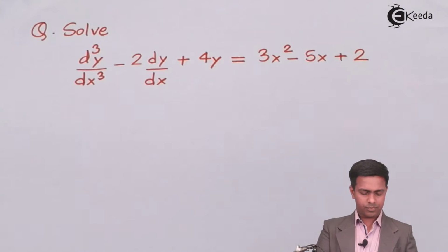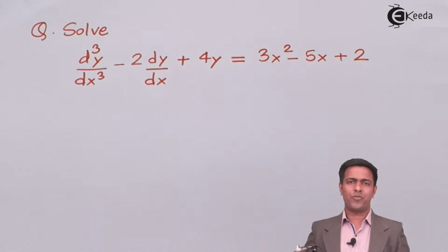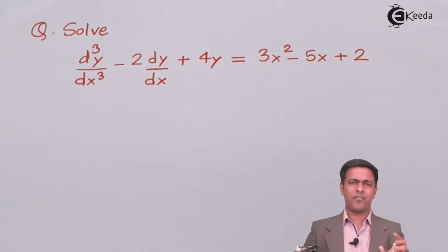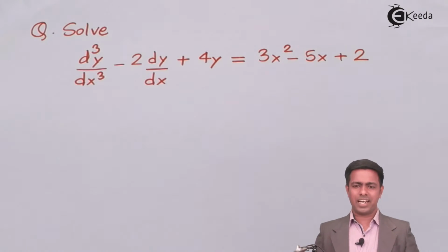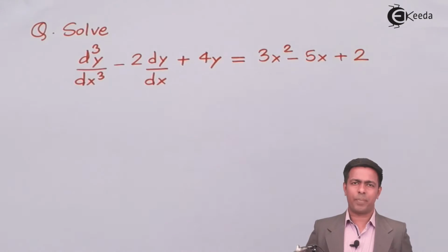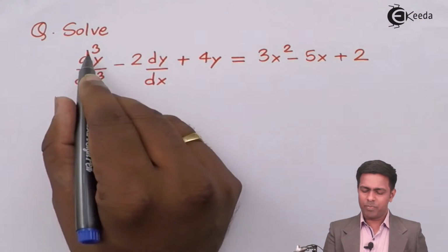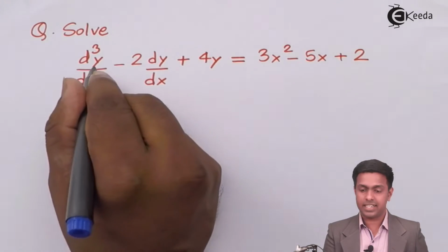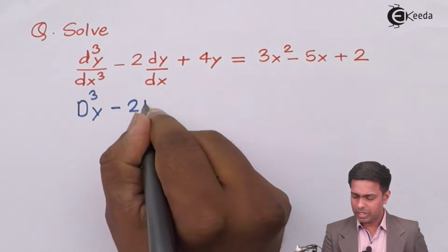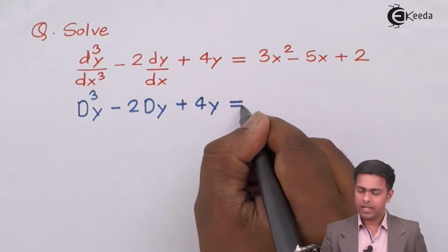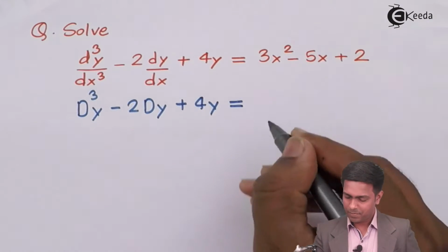So for that we have to find out the auxiliary equation, and we get the auxiliary equation by equating f of D to 0. So for that I'll convert this given left hand side in terms of operator D. So d cube by dx cube is given by D cube y as it is, this is negative 2 Dy plus 4y, remaining terms as it is.